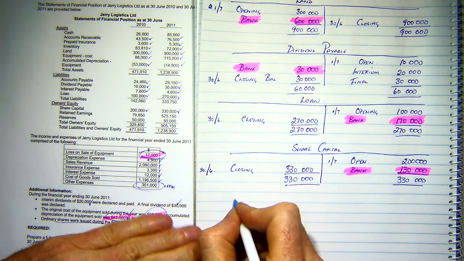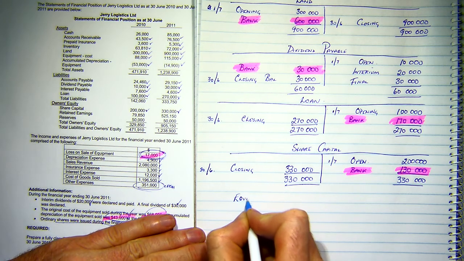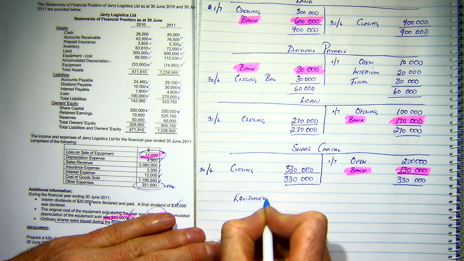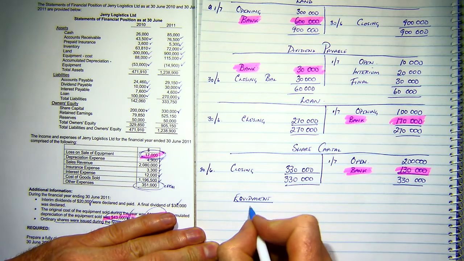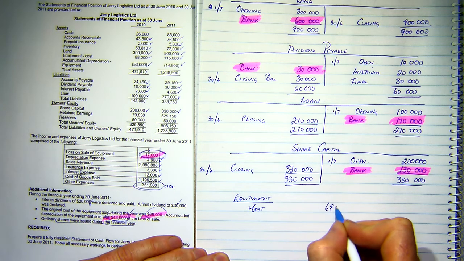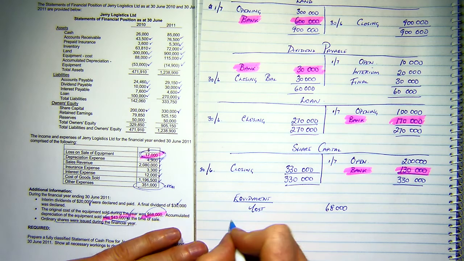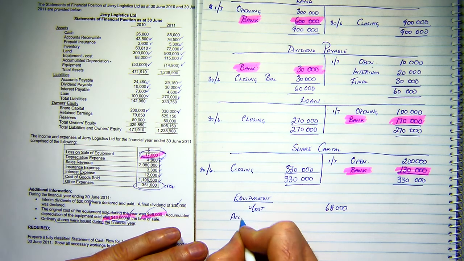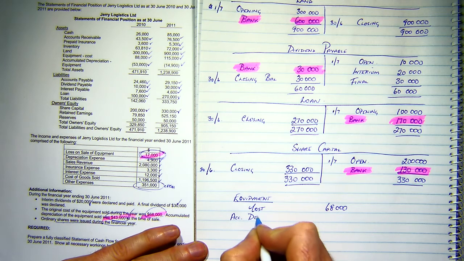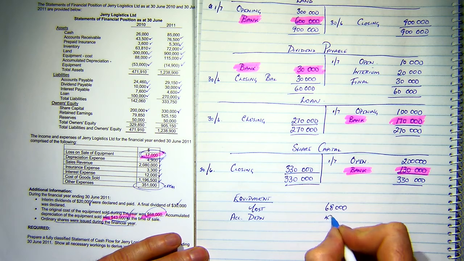So now my original cost of equipment was 68,000. My accumulated depreciation was 43,000.